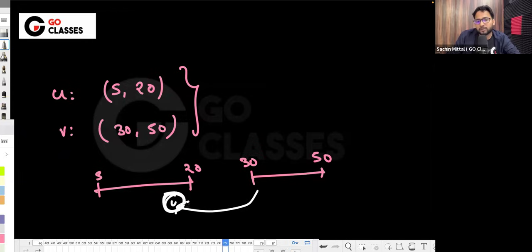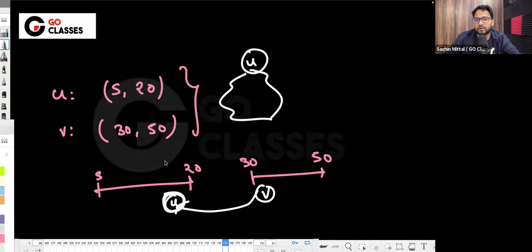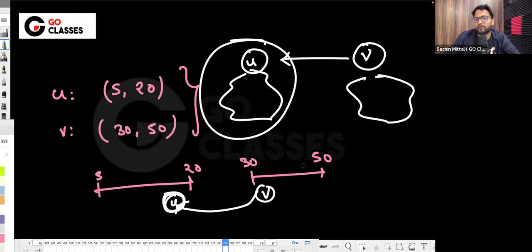Okay, this is U, this is V, and there is an edge like this. You are finishing U, and V has its own things. You are starting U and finishing, and then you are starting V, right? So this is possible in a directed graph, but in an undirected graph it is not possible because a cross edge is not possible in an undirected graph.